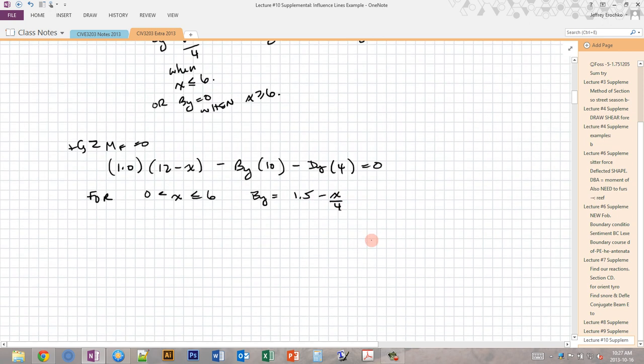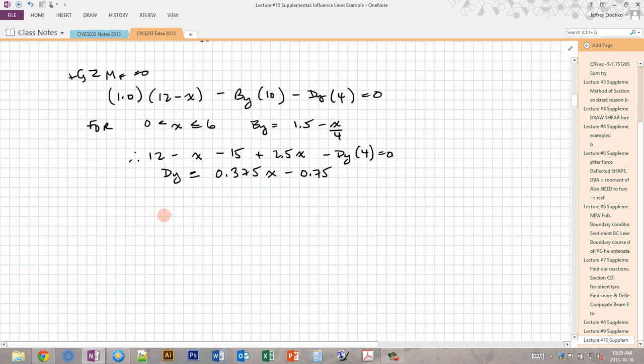So if we do that equilibrium, then we end up with dy is equal to 0.375x minus 0.75. And then we also have to look at the case for x is greater than or equal to 6, in which case By equals 0. And for that situation, we get dy is equal to 3 minus x over 4.